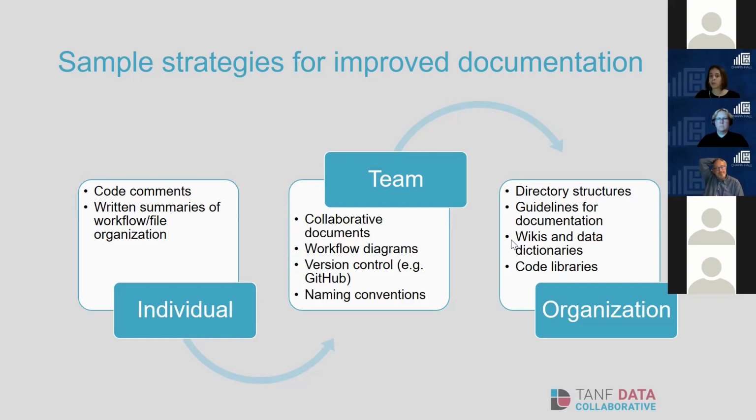But then if something happens to them or they leave, you still lose the institutional memory because nobody knows where their document is or how it's organized. So being really thoughtful and recognizing that this is a piece of building an analytic team, and that's thinking about things like, how do we organize our files? What naming conventions are we going to use? Do we have a template for documenting a workflow or for writing up analytic decisions? Do we put common headers on our code?